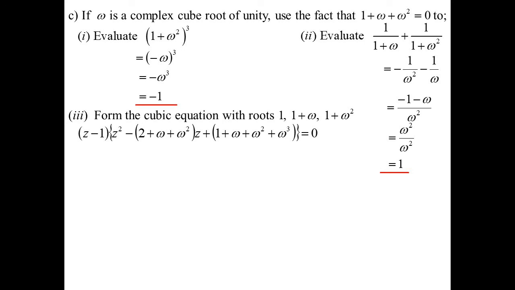The product of the roots is 1 plus omega plus omega squared plus omega cubed. That gives us z minus 1, z squared minus z plus 1. Because we know 1 plus omega plus omega squared is 0, and omega cubed is 1. So the constant's 1. In the second one, I've got 2 plus omega plus omega squared, but 1 plus omega plus omega squared is 0. So that must equal 1.